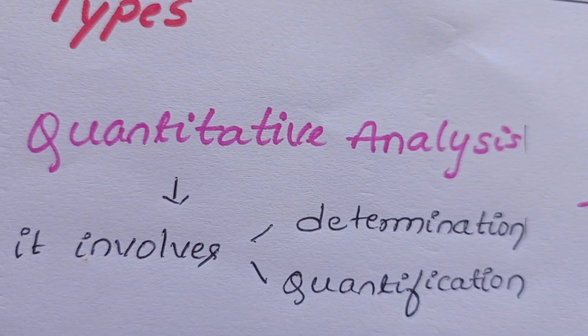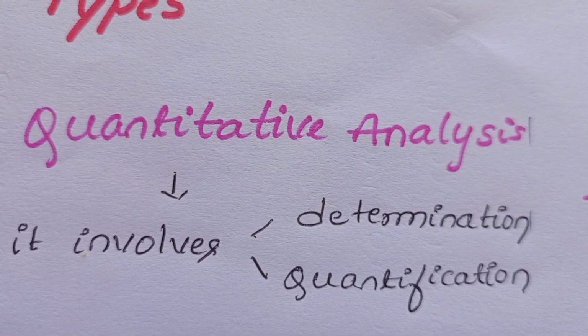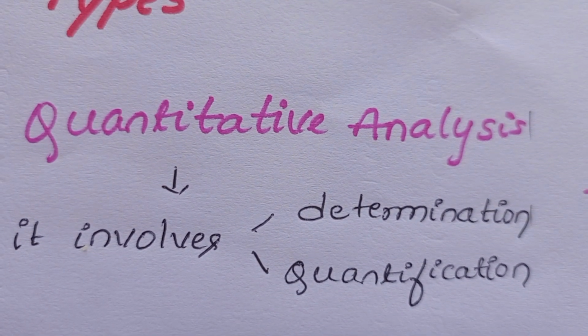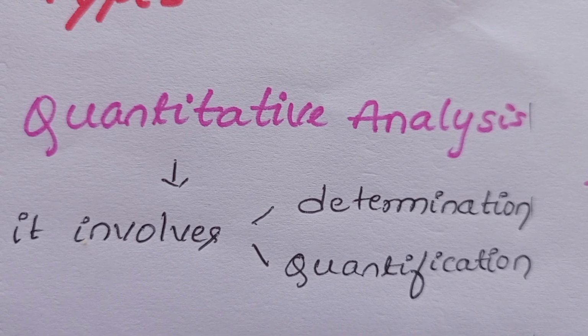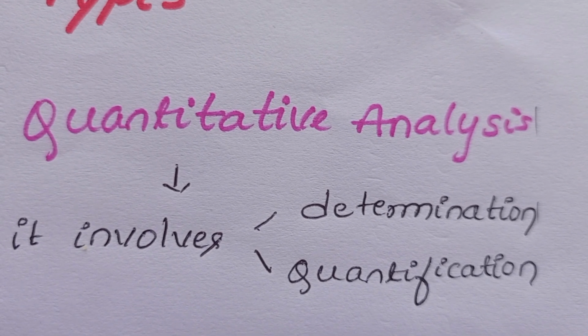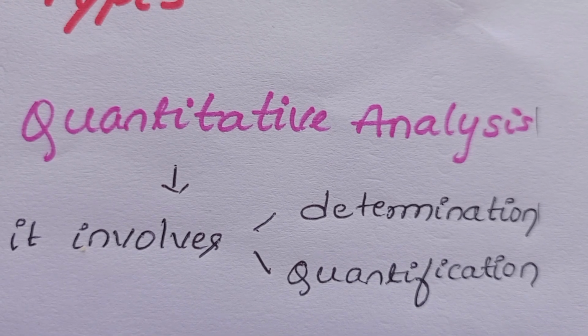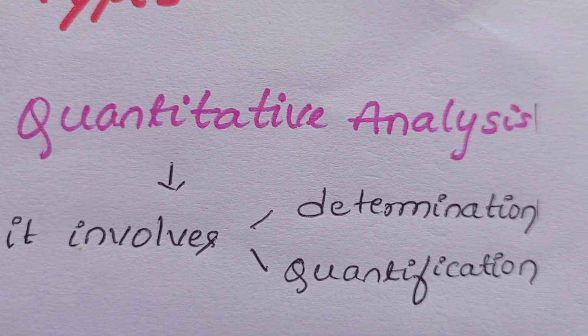Quantitative analysis is another type of analysis. Here we can determine and also quantify the substance. Quantification means the amount of a sample that is present, for example, the amount of solute present in the solution. In such a way we can quantify it in its own units.